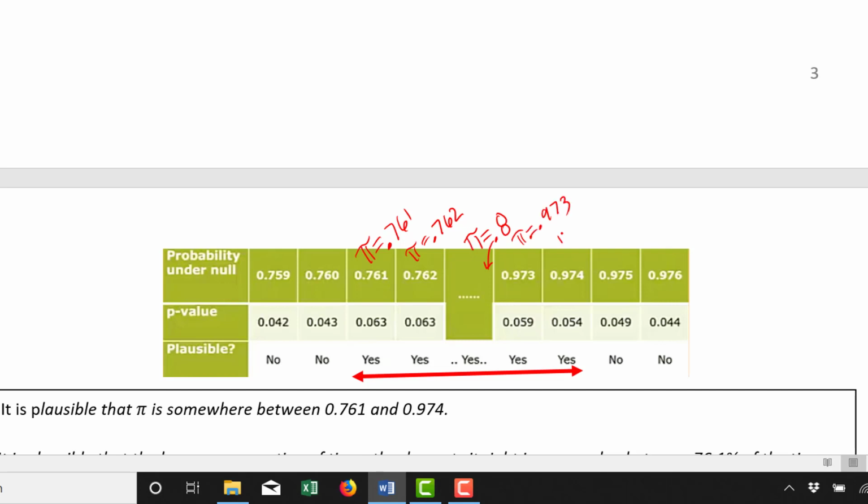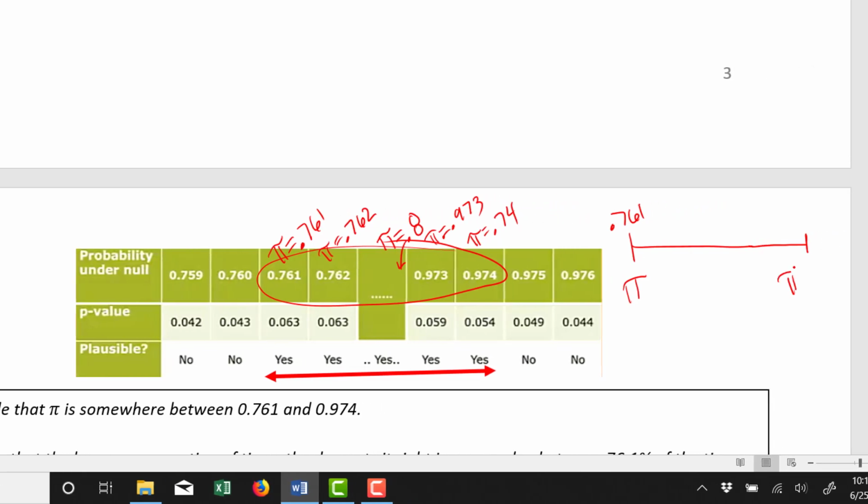And they found all of those values of pi, ranging from 0.761 all the way up to a value of pi equals 0.974, all of those gave p-values greater than 0.05.